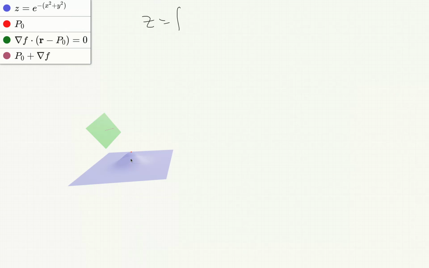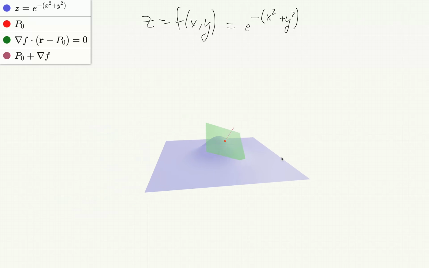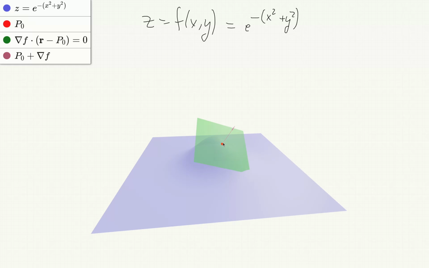Next, let's consider the surface z equals f of x, y equals e to the negative (x squared plus y squared). So that gives this sort of bump function.